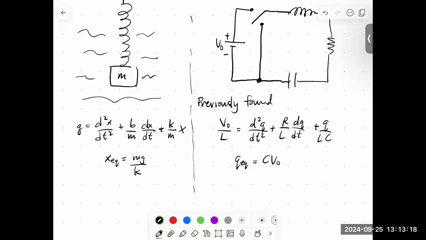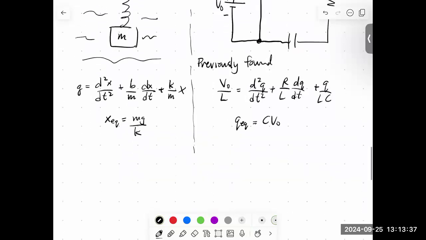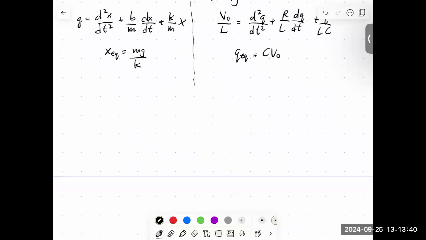It should be, I pull the mass down and I release it, it starts to oscillate, but because it's moving through a fluid, it has some drag, and so the amplitude of those oscillations decay, and it eventually comes to a rest. The same thing happens for the charge on the capacitor. It initially oscillates, those oscillations get smaller as time evolves. So, for example, if I was to plot for the LRC circuit, let me do this.